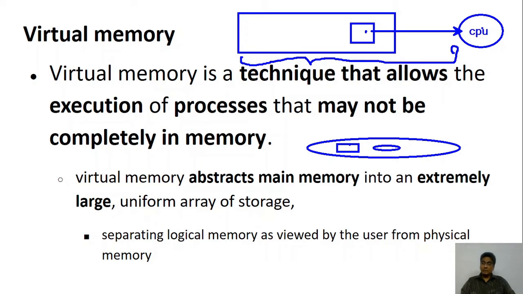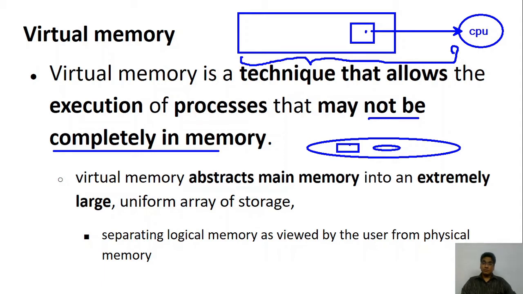So how do we deal with that? To deal with that, we have virtual memory. Virtual memory is a technique wherein we try to execute a process that is not completely fitted into the memory. How can we achieve that?